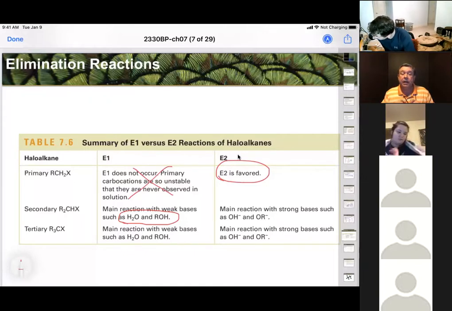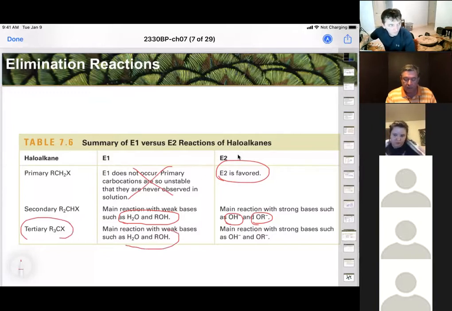If you have a very strong base, you already have your negative charge there, so it's more likely to undergo an E2. That base is already there. It can tug on one of those hydrogens and make it happen all at once. In a tertiary, the main reaction is the same thing with a weak base.